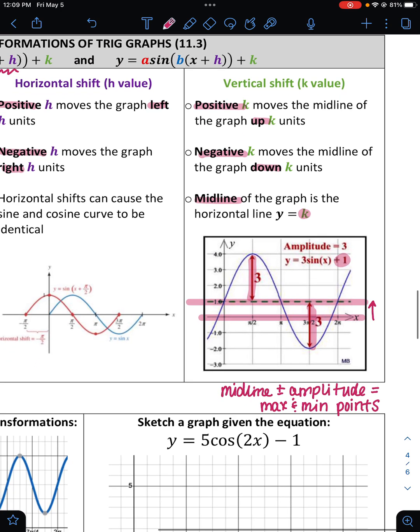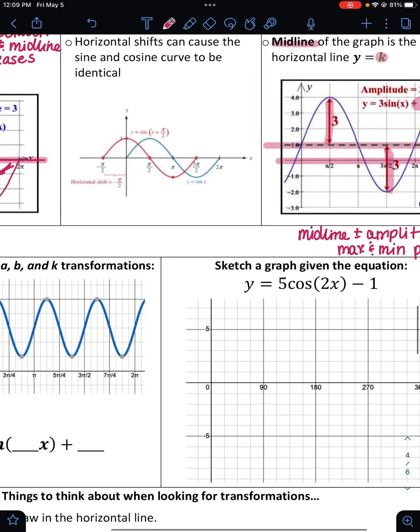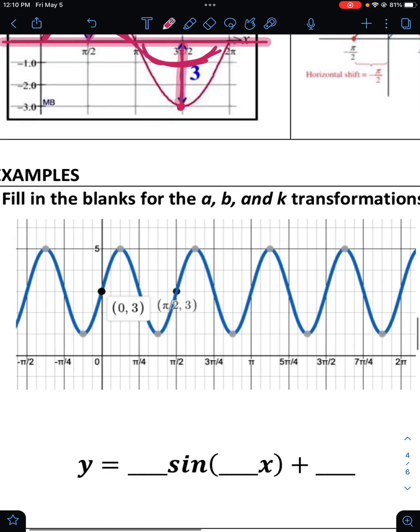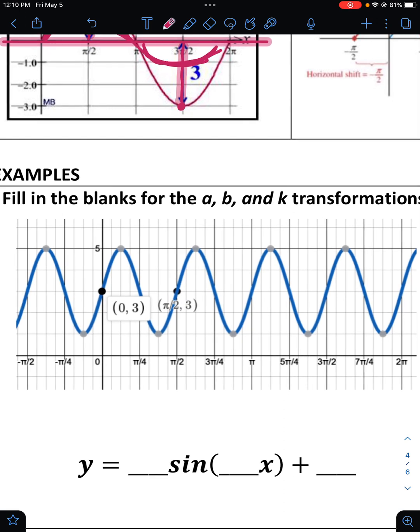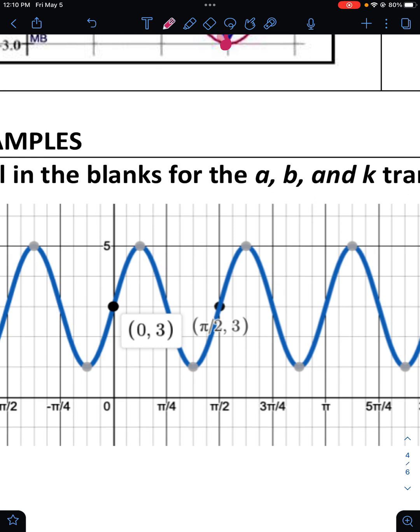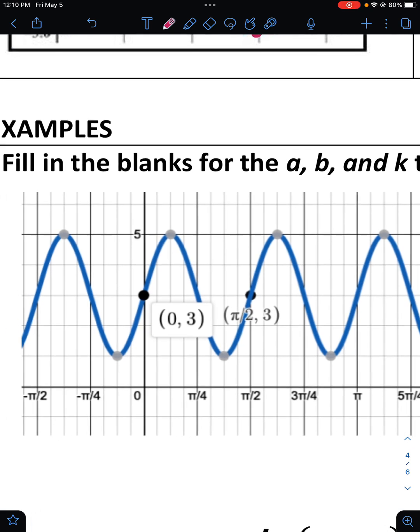Okay. So let's put this into practice. Let's take a look at just a couple examples here. All right, so for this first one, we're going to just fill in the blanks for the different variables. Okay, I'm first going to zoom in here and look at a couple points. So I've got (0, 3) right here.